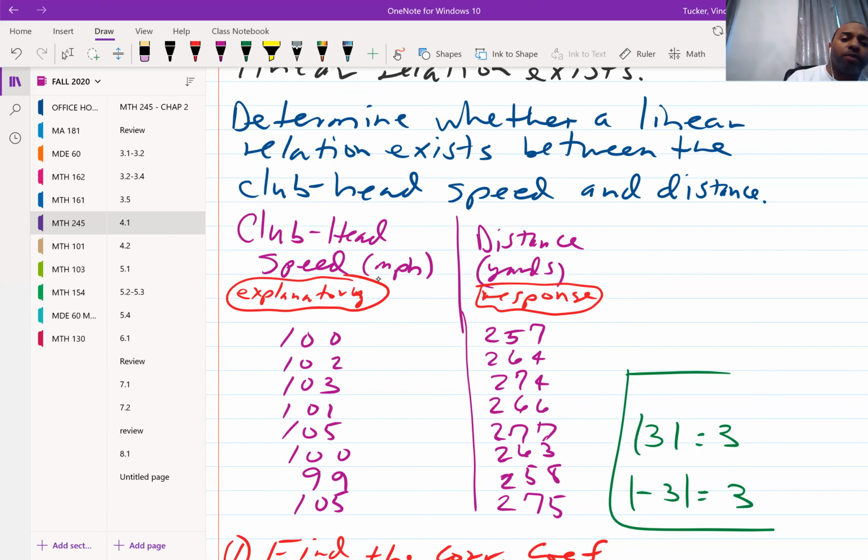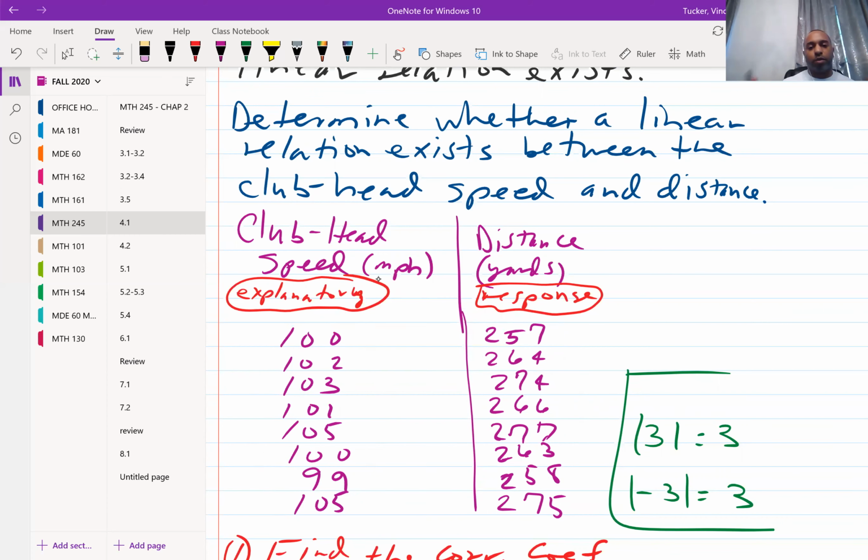All right. So this is the explanatory variable. This is the response variable. So in other words, how hard or how fast he swung the club determines how far the ball traveled. In other words, the distance the ball traveled responded to how hard or how fast he swung the golf club.